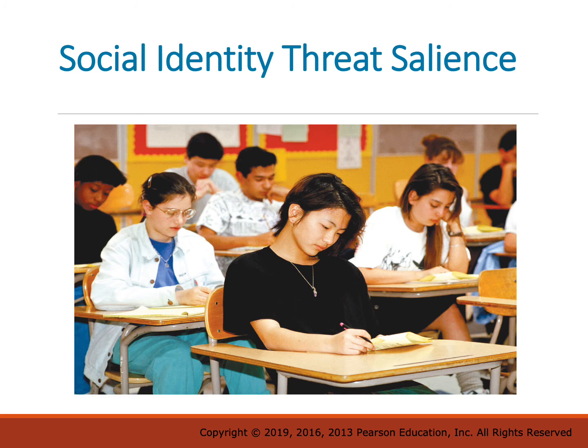So what's happening in this picture? There's something called social identity threat salience. Whether or not you feel stereotype threat depends on what category you're identifying with at the time or the situation that you're in. In this picture we see people taking a test.